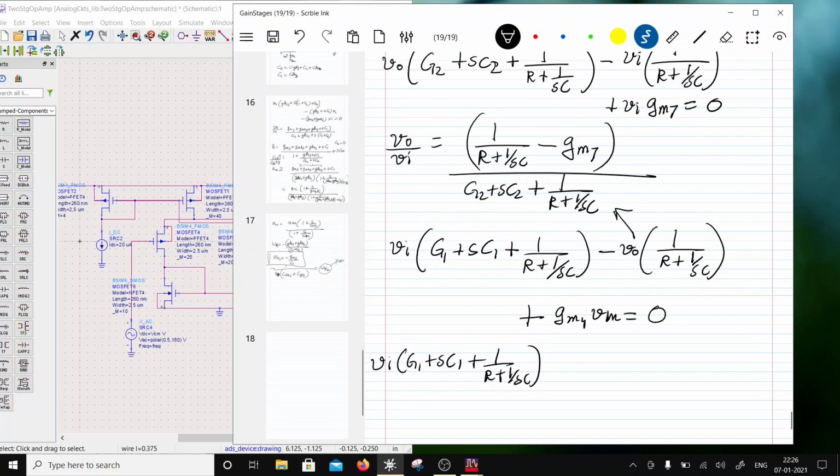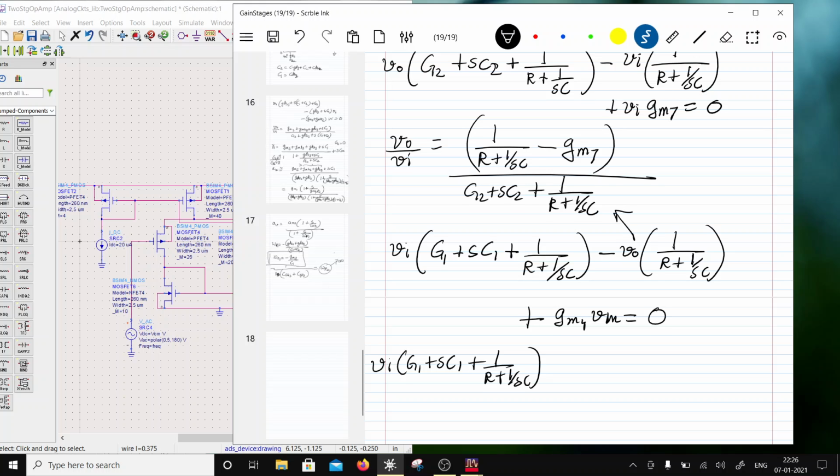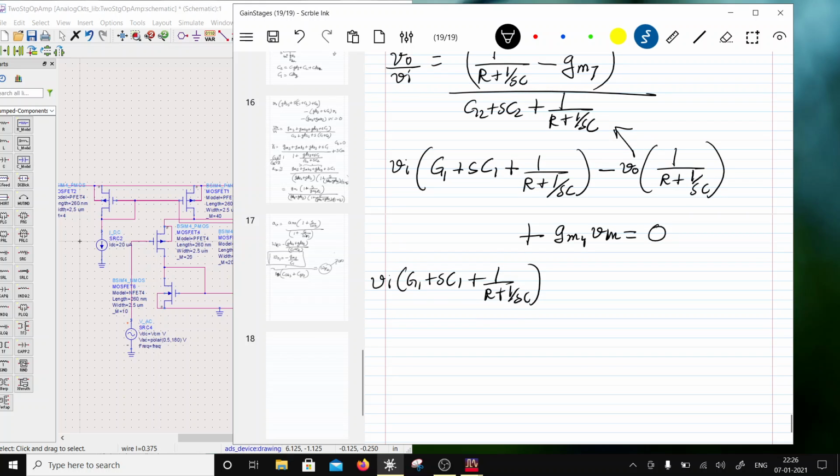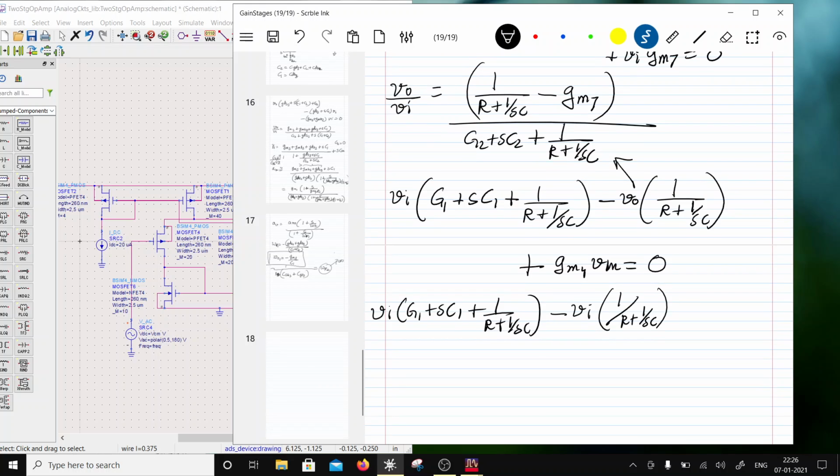Then it will be minus of VI, and here it will be 1 over R plus 1 over SC, this term times this, right?